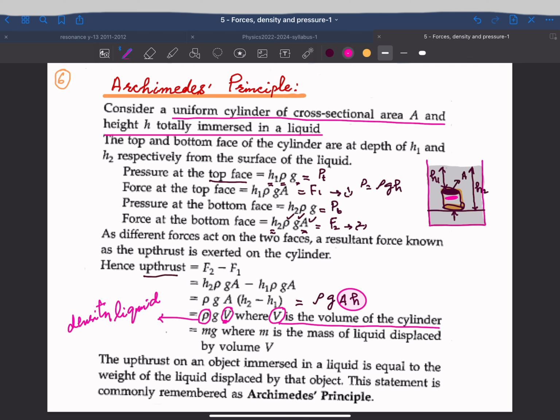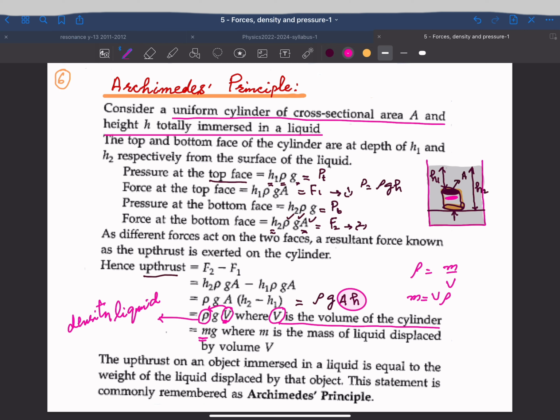So you can write that volume multiplied by density is nothing but mass, as density is equal to mass per unit volume. When you multiply these two things, density and volume, you get mass.